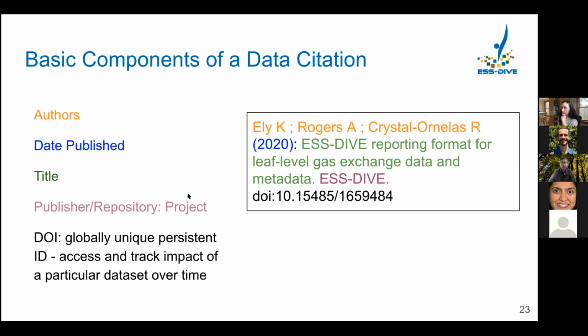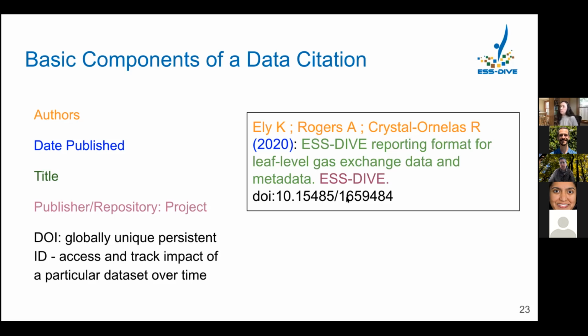For ESS-DIVE, we allow users to indicate their projects. This is because many projects that use ESS-DIVE are pretty large scale, long-term projects that are already well established in the community.